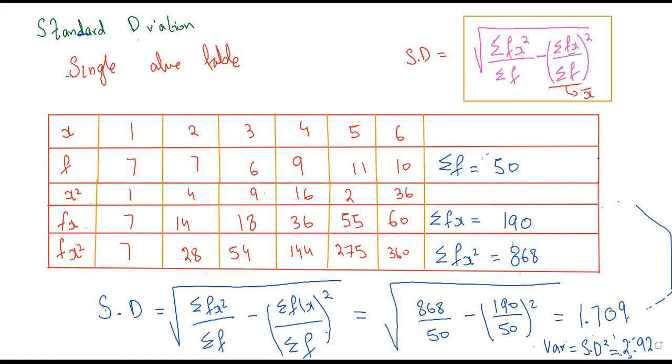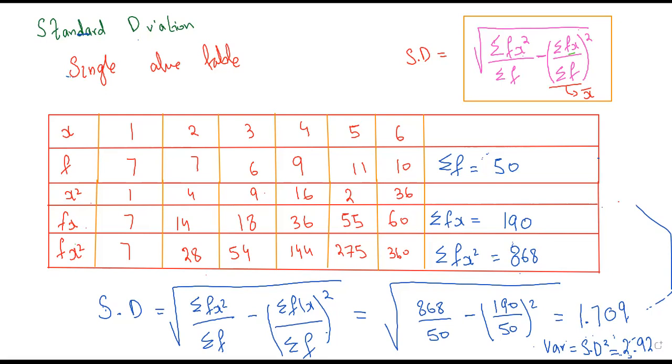All right. So what is the idea? The idea is that the basic formula for standard deviation is the same. If you have a table, obviously we'll be dealing with frequencies. Never ever try doing it directly. Always update your table and then try doing it. It would make things very, very easy for you.